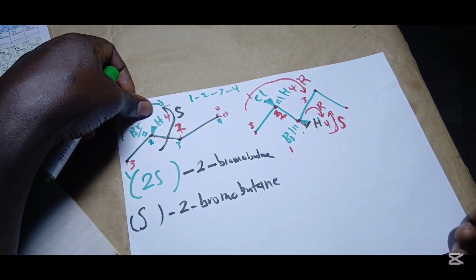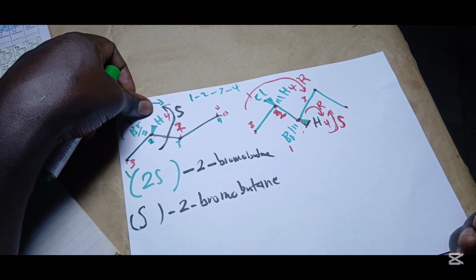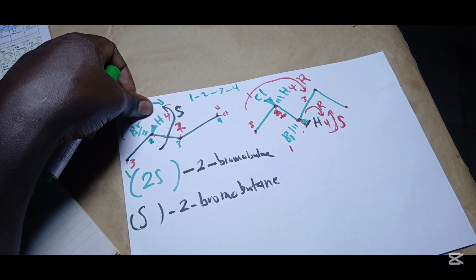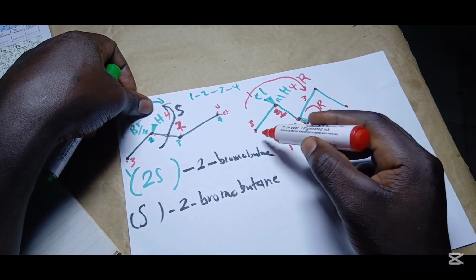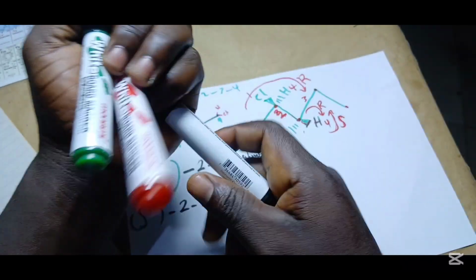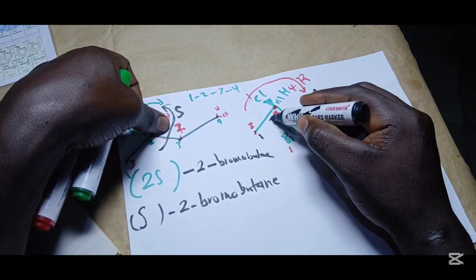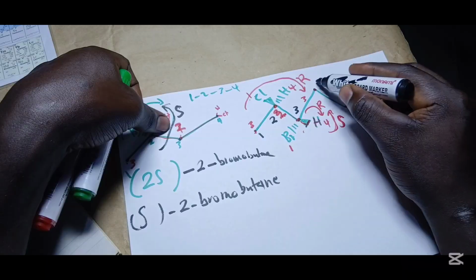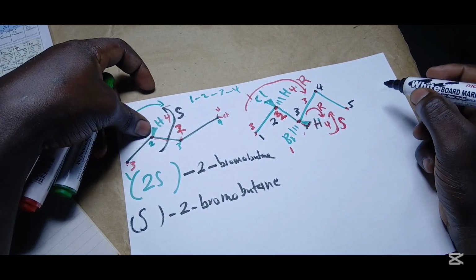Now that we are done indicating the configuration of the chiral atoms, we now go to the naming. So naming it, this is an alkane. So this should be the shortest way to the substituents. So carbon number 1, carbon number 2, carbon number 3, carbon number 4, carbon number 5. And it is a pentene, right?